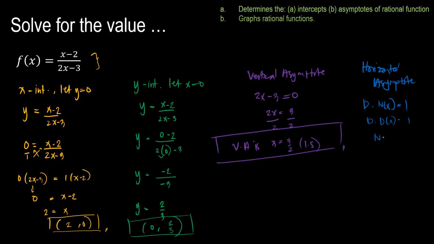So, the degree of the numerator is equal to the degree of the denominator. So, therefore, we are going after with the leading coefficient of it. What is the leading coefficient of the numerator? 1. What is the leading coefficient of the denominator? 2. So, 1 over 2 is already in the simplest form. So, therefore, our horizontal asymptote is y is equal to 1/2. Or, in equivalent to decimal, it is 0.5.